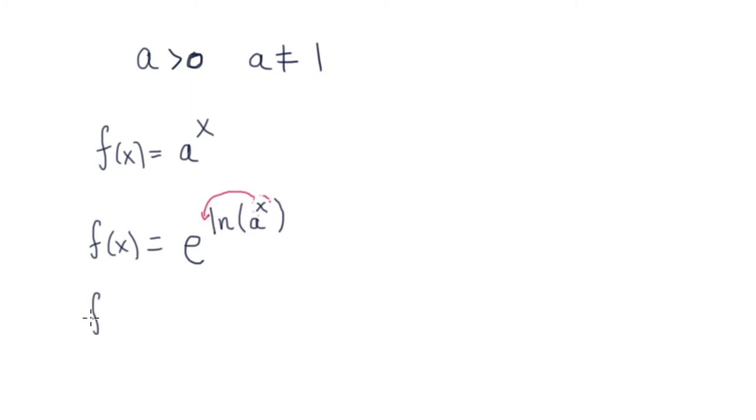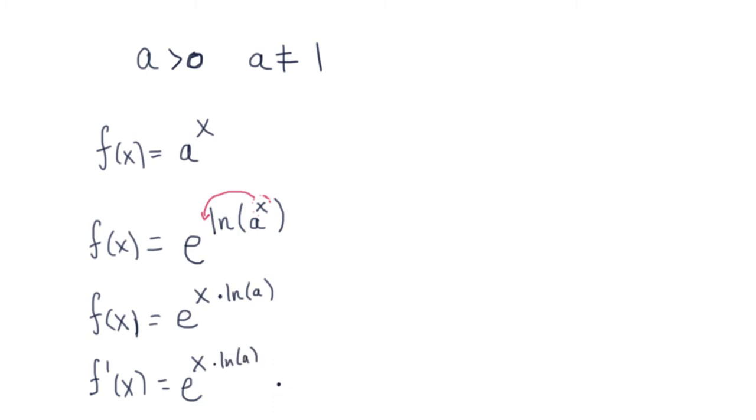So f of x is really e to the x times natural log of a. But this is much better because this is basically e to the x, but instead of x, I just have a constant multiple of x. So I can just apply the chain rule. So f prime of x is just going to be, well, derivative of e to something is e to that something.